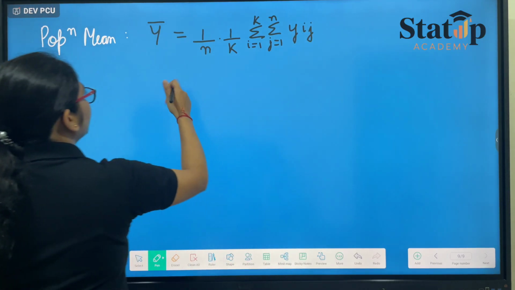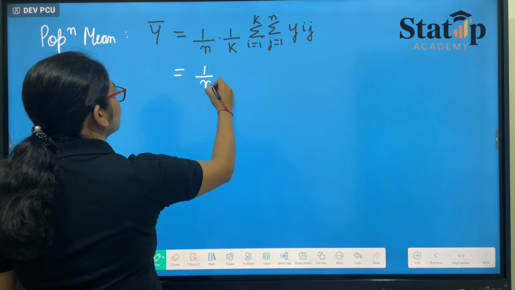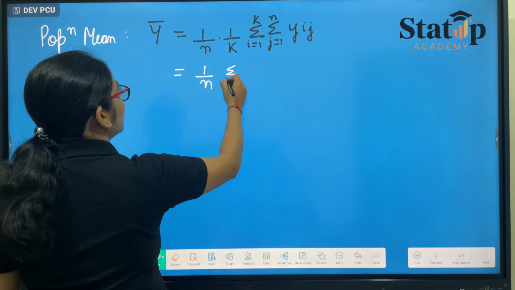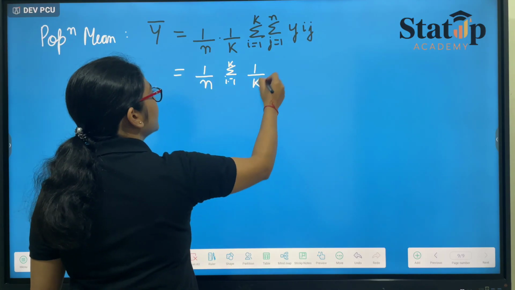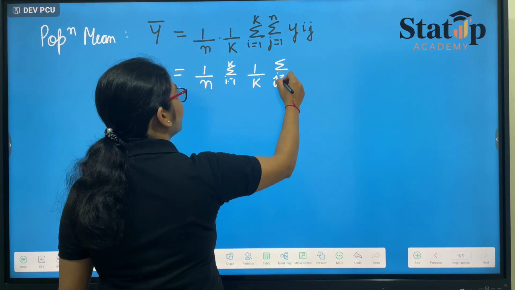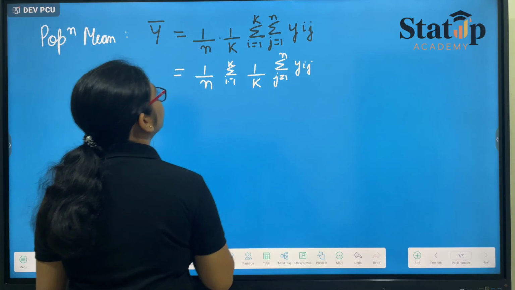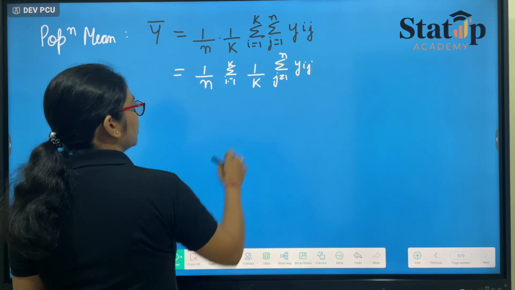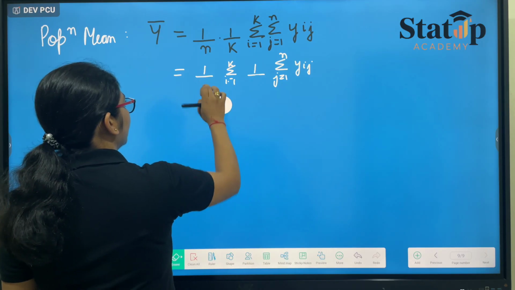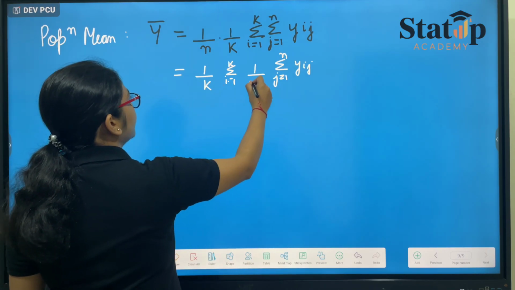Now here we can take 1 upon k summation i goes from 1 to k, 1 upon n summation j goes from 1 to n Yij, where the summations are exchanged.